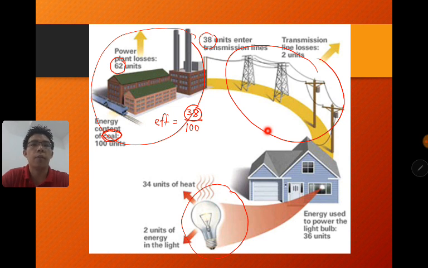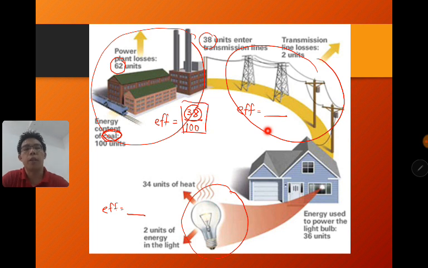So 38 entering means that 38 is the useful amount. Now you can try to figure out the efficiency of the transmission line and the efficiency of the light bulb. You can leave the answer in fraction like I did for the first case, the power plant. Let's pause the video and you figure it out.